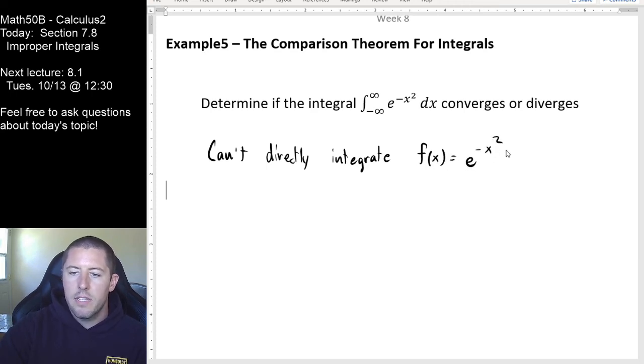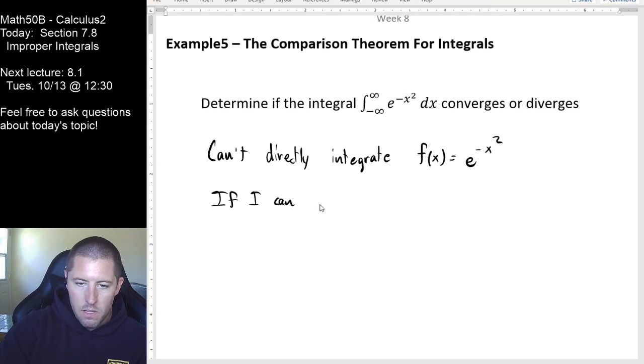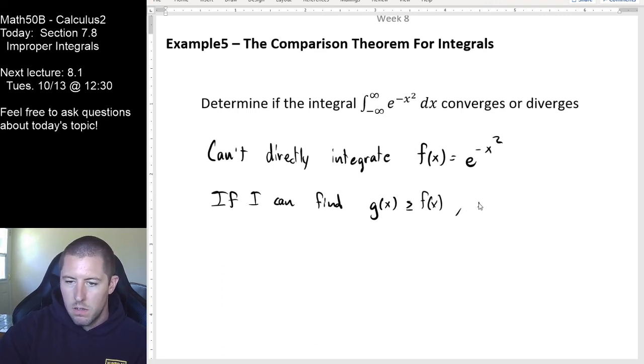So I'm going to call this thing f of x here. I can't directly integrate that f of x function. So here's my deal.